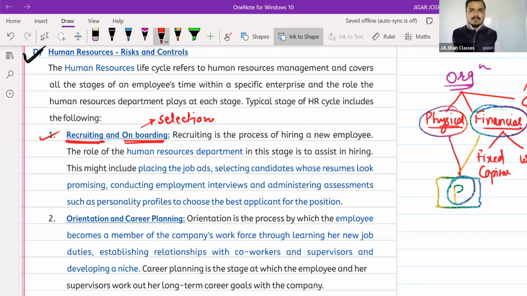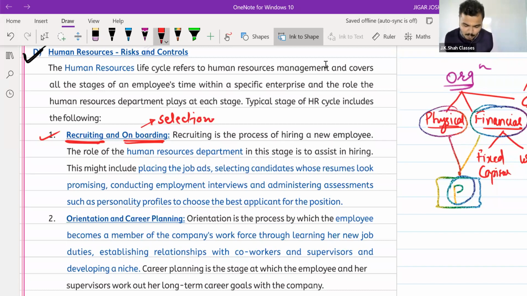Asking everyone to apply for a job, it's what? Sir, recruitment. Recruitment means what? If I want one chartered accountant, then I request all the chartered accountants in India to apply for that job. So that means what? Sir, recruitment. And after recruitment, my dear chartered, what am I going to do? Sir, selection. Are you getting my point of view?